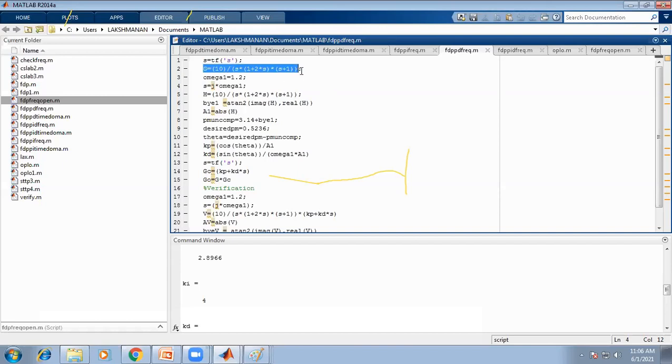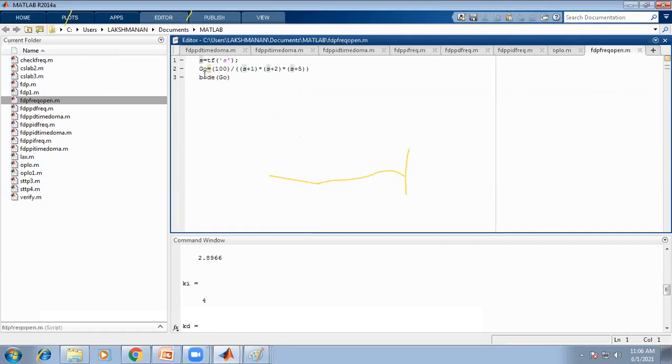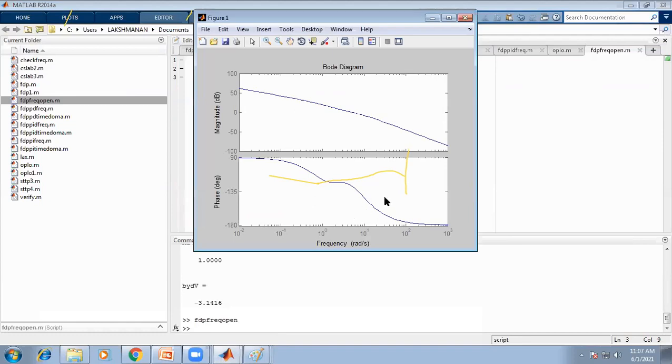So now I'm copying that open loop transfer function and checking the open loop phase margin and everything. Let me check that phase margin.